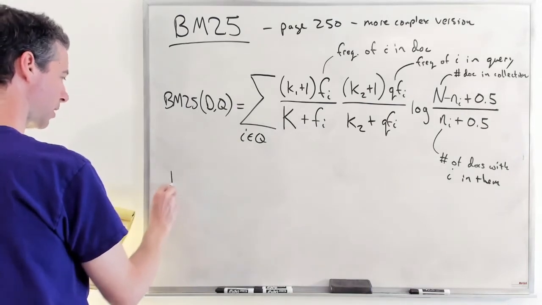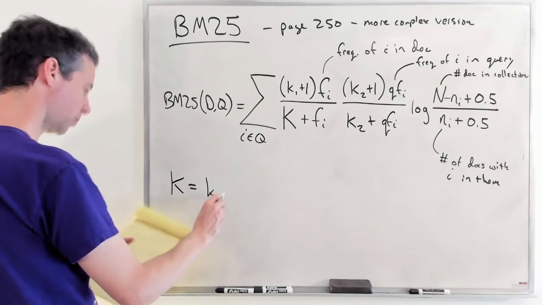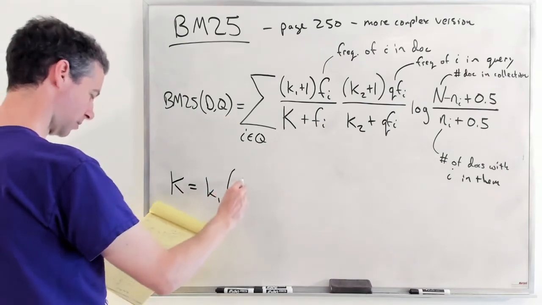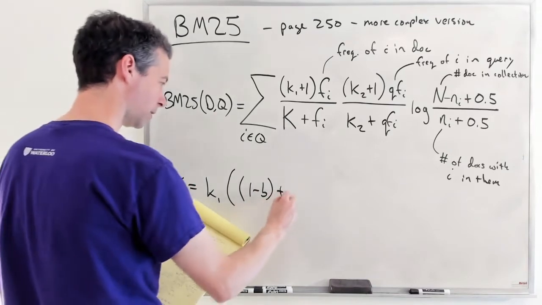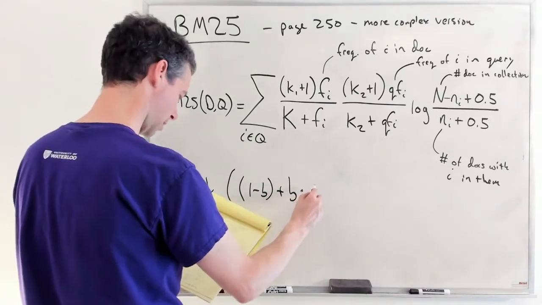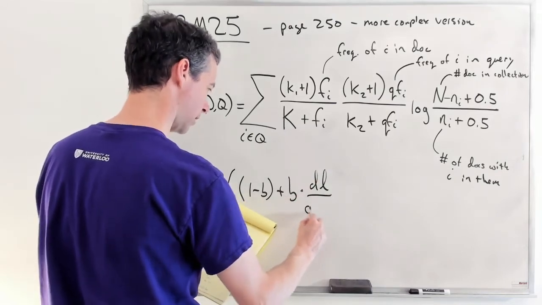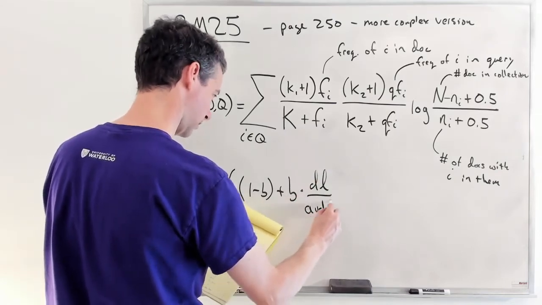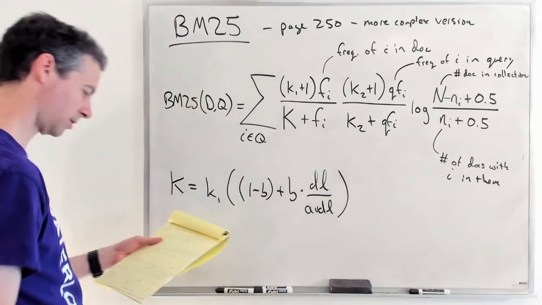So K is equal to K sub 1 multiplied by 1 minus B plus B times dl divided by avdl. All right, what are these?